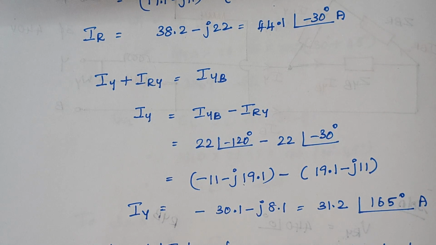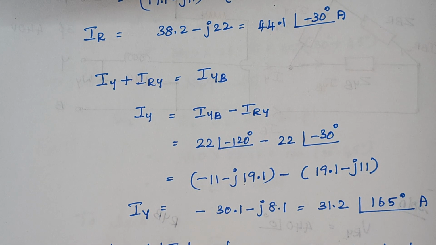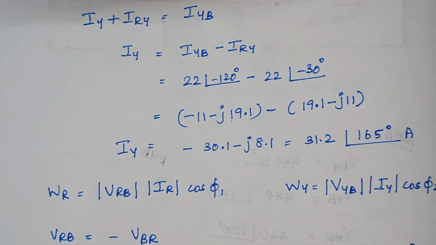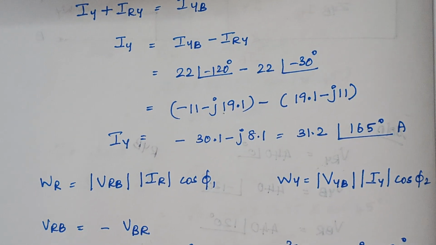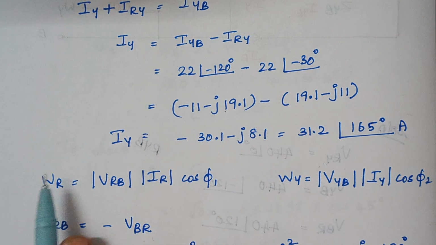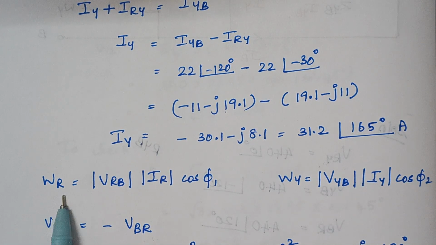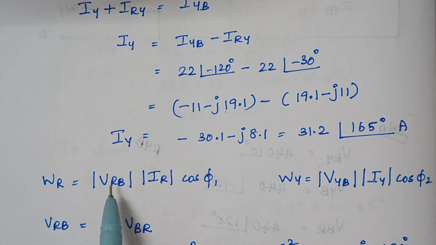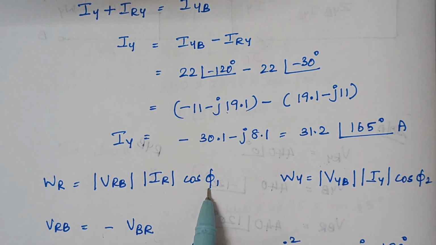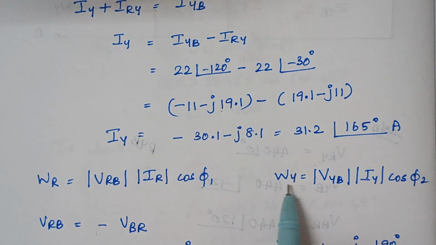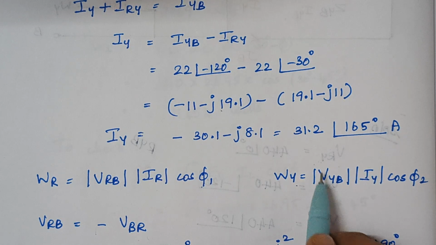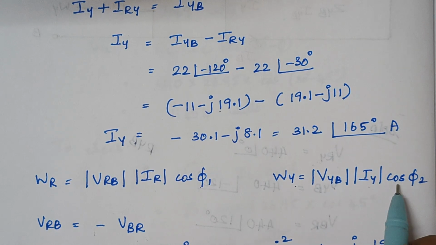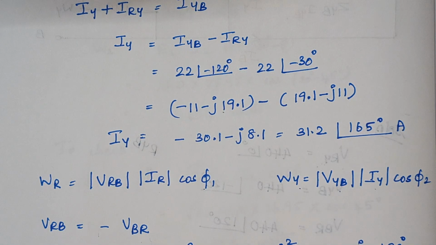So the next thing is the reading shown by the wattmeter. Here again, this is the expression. The reading shown by the wattmeter which is connected in R phase is given by VRB IR into cos phi 1. Similarly, the wattmeter connected in Y line is given by VYB IY into cos phi 2.